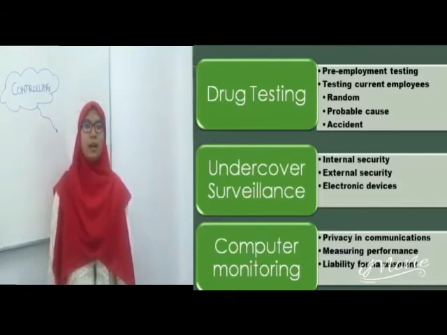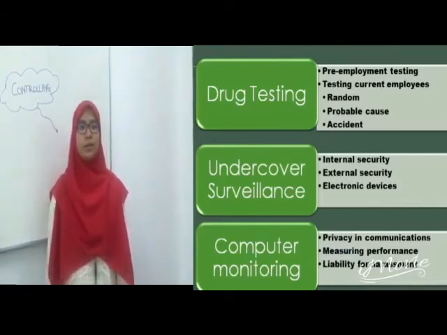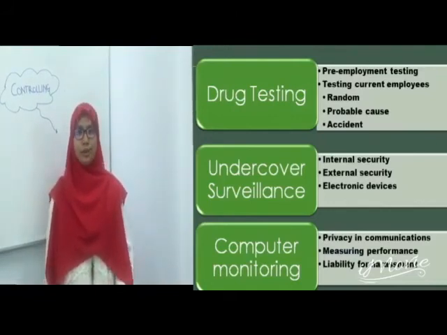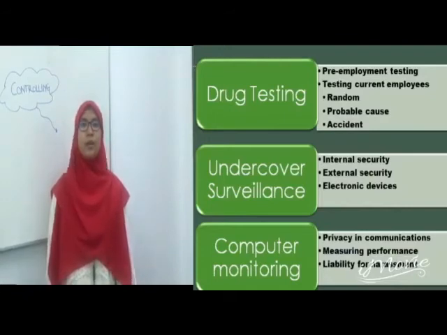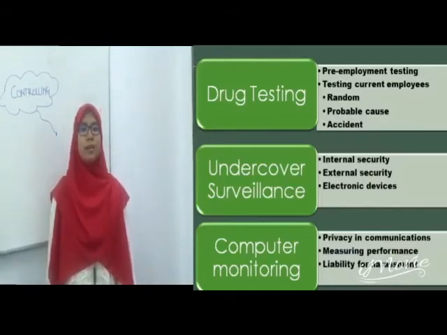Surveillance may be conducted by undercover internal security staff, external security firms, or electronic devices. Using electronic devices can mean cameras hidden behind walls and ceilings to watch employees suspected of crime. So an employer hides a camera to monitor its loading docks.